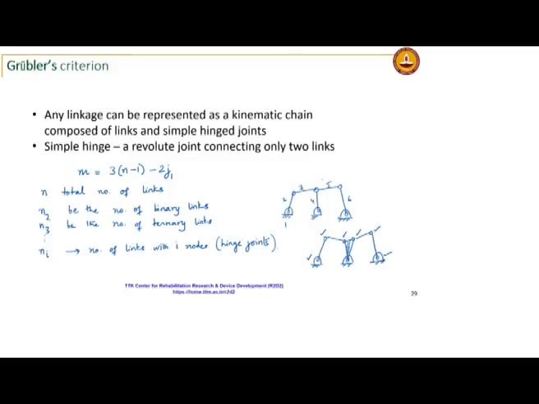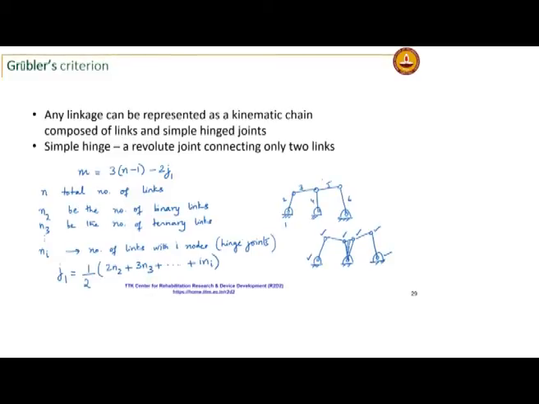So, what is my j1? Each simple hinge connects 2 links. So, my j1 will be half of 2 n2 plus 3 n3 plus i ni.